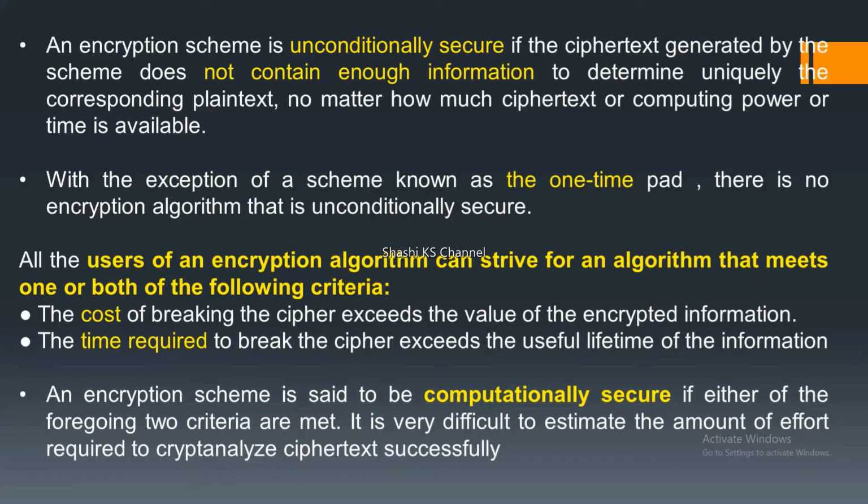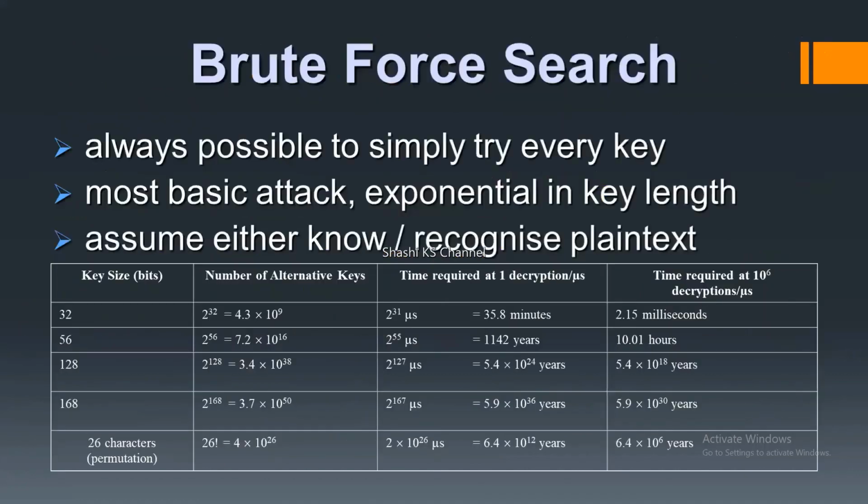An encryption scheme is said to be computationally secure if either of the above two criteria is met. The cost of breaking the cipher should be higher, or the computation time required to break the cipher should be more. But computing the cost of breaking the cipher is generally a very difficult task.